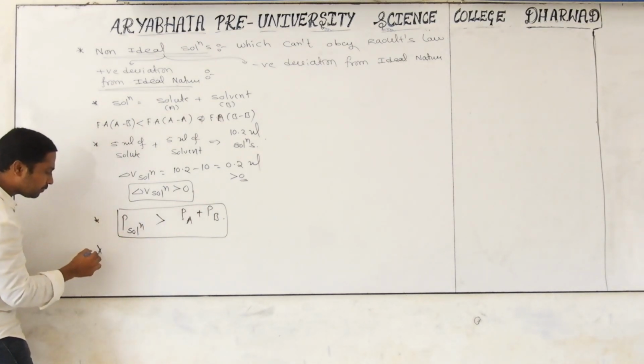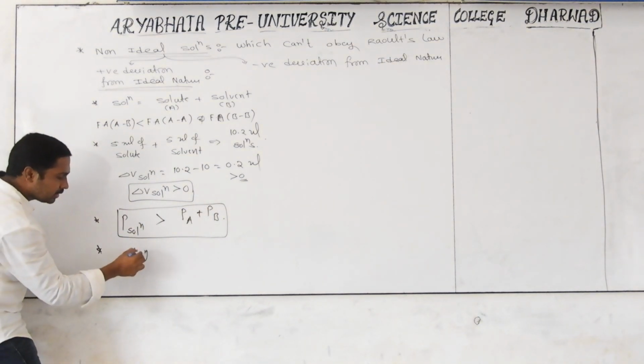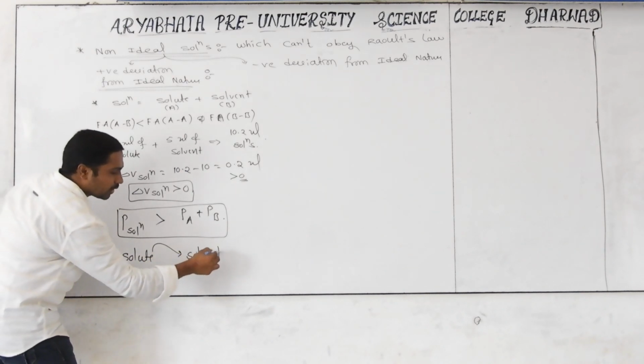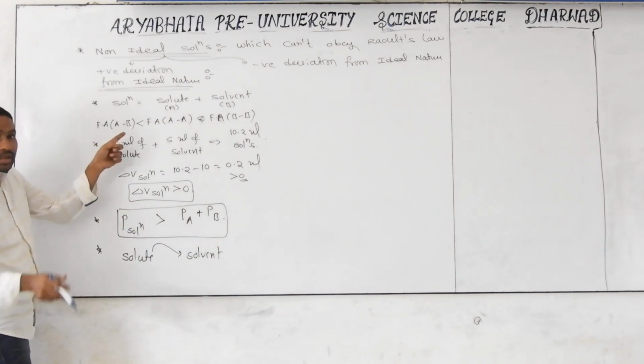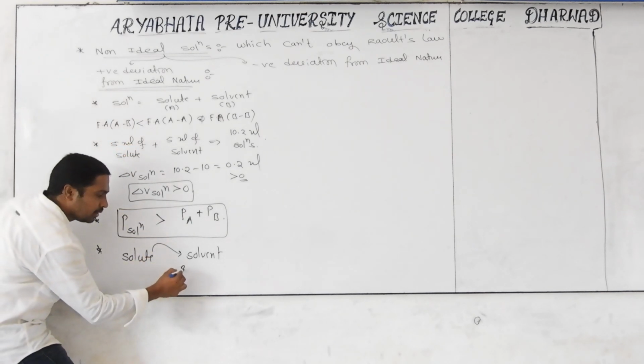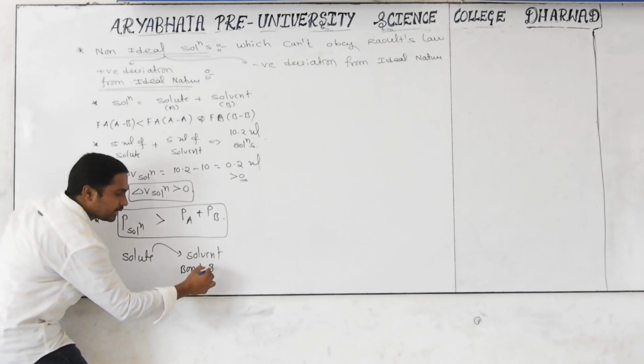Whenever you mix solute with solvent, the force of attraction decreases. Force of attraction decreasing means bonds are breaking.